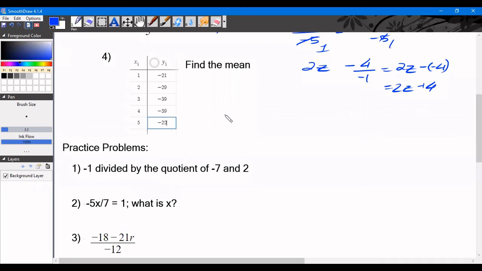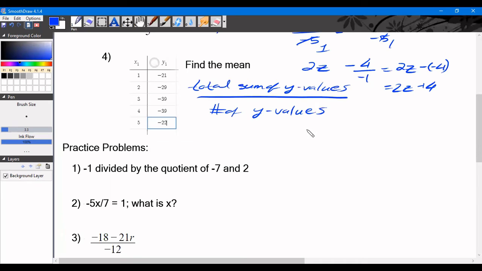For number 4, you have to find the mean, which is the total sum of the y values divided by the number of y values.